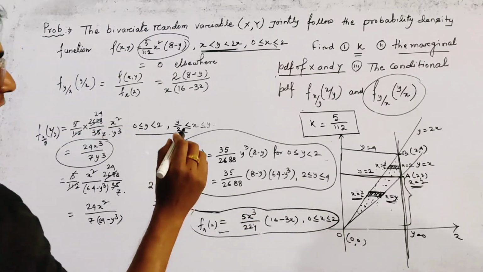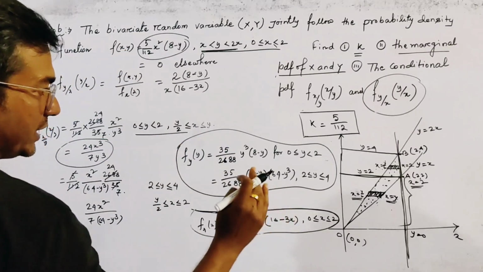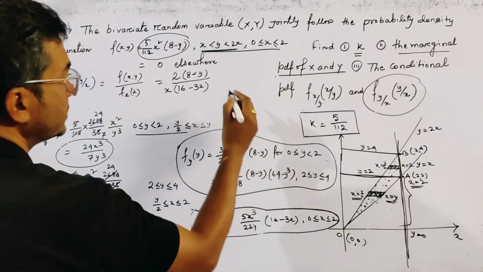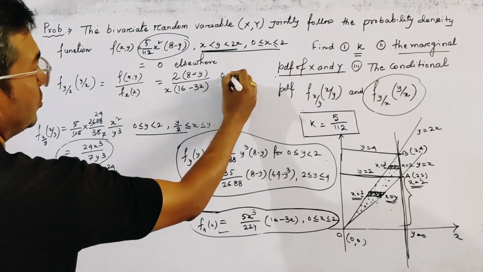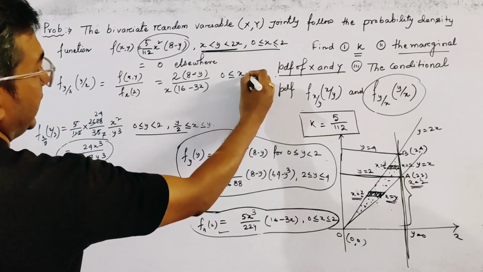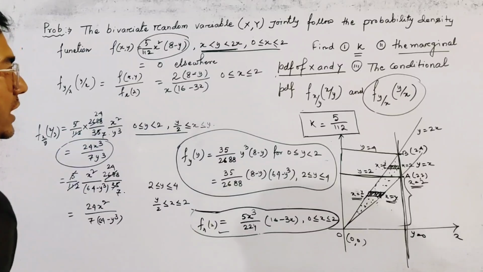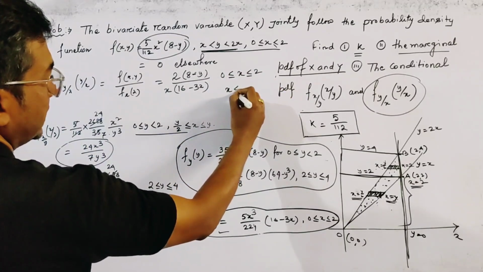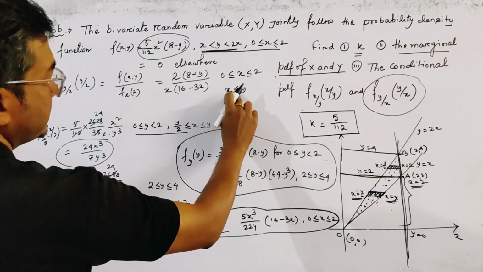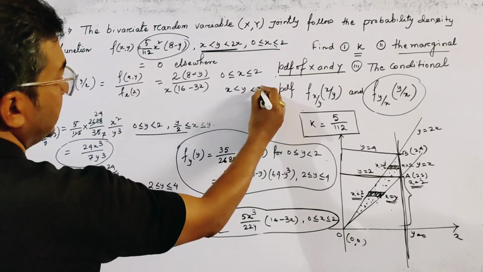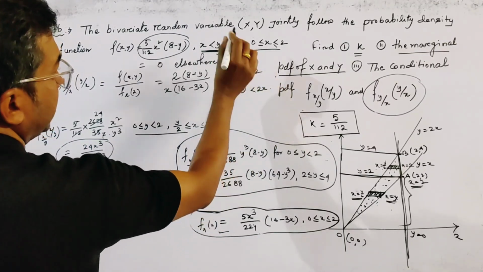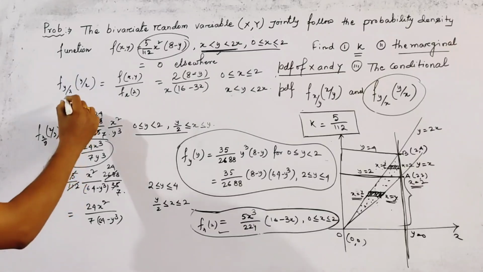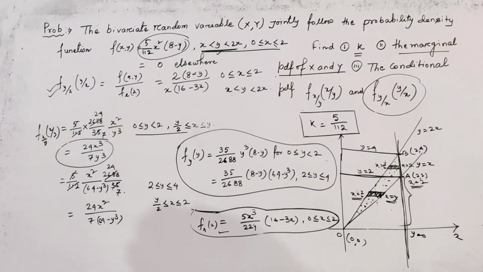Okay, and the range of x is given by 0 less equal to x less equal to 2, and the range of y here is x less than y less than 2x, it is given. Okay, so this is the another conditional PDF.